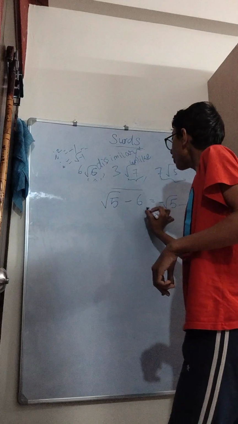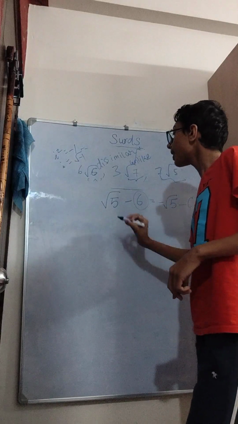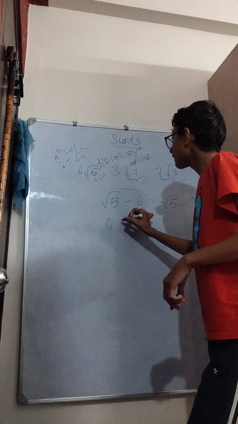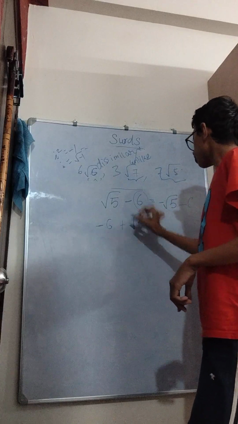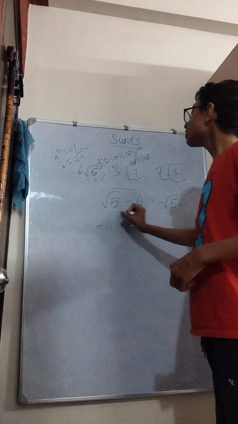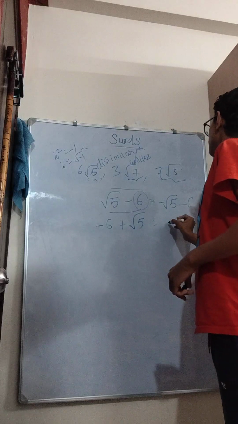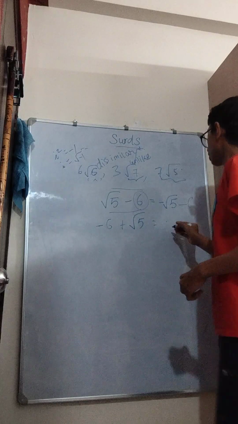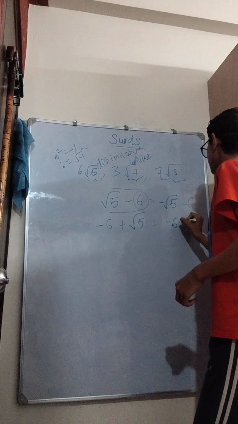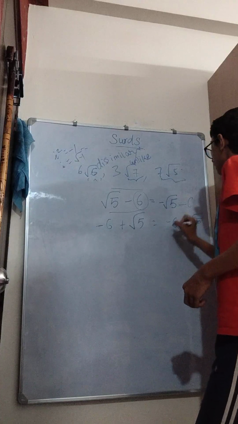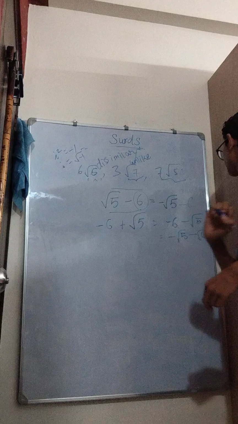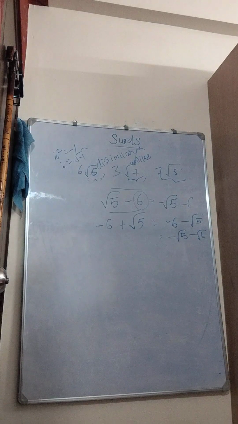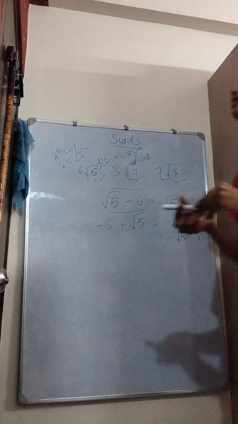Because always the real or rational part should be in the front and the irrational part should be at the back. So if I take the conjugate, it would be minus root 6 minus root 5, which I can also write as minus root 5 minus root 6. So both are equal? Yes. So this is about rationalization.